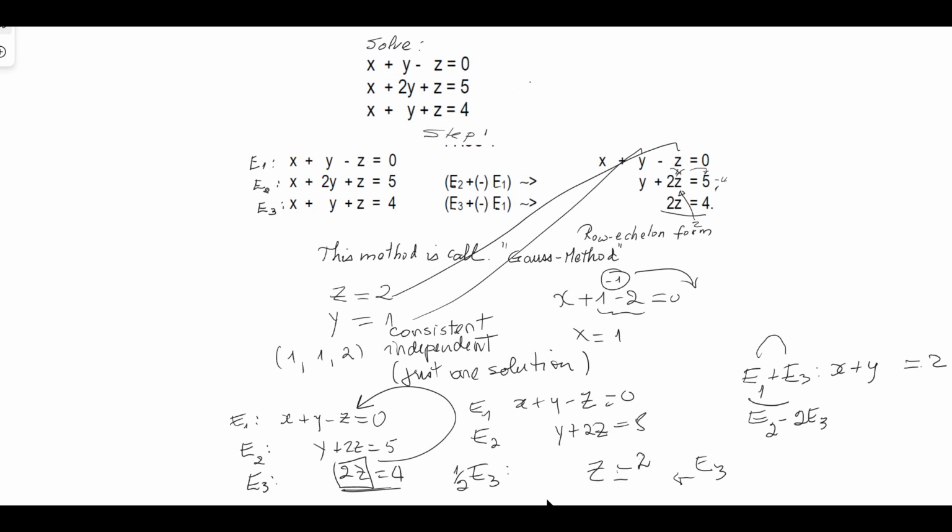And then you get y, no c here, c is there. Equation 2 minus 2 times equation 3 gives you 5 minus 4, and gives you 1. Then at this level you have this, and c is still in the third one, c equal 2.